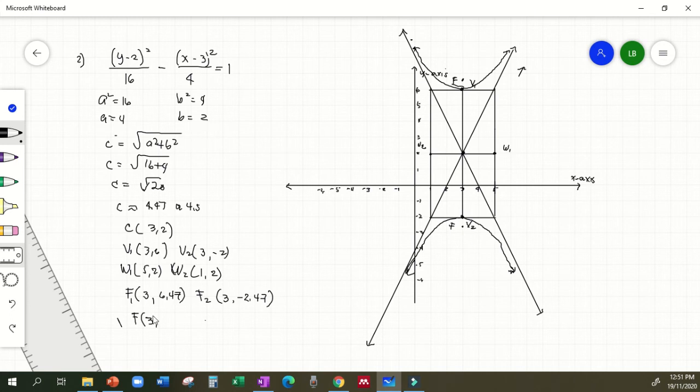Ito siya, 2. So, 2 plus square root of 20. And the other one is 3, 2 minus square root of 20. Okay? So, I hope na may natutunan sa pag-graph ng hyperbola with vertex at hk.